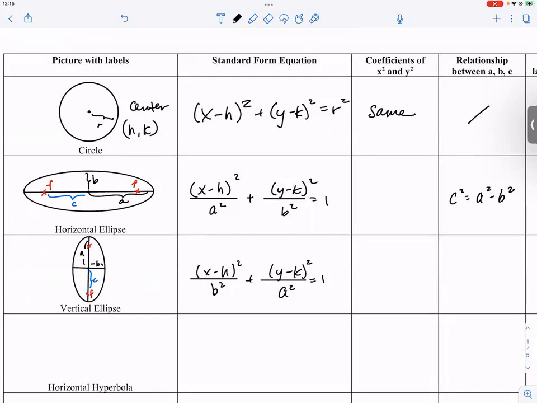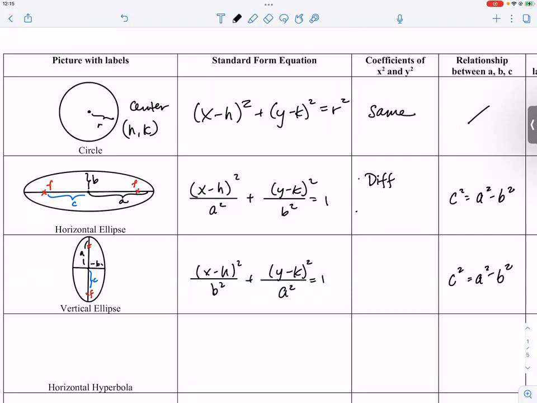So how can we tell ourselves that it has to be a squared minus b squared? Yeah, a is the longest. If you know how to label them, come on. a is the longest, so it's got to be a squared minus b squared. For the coefficients, they are different.